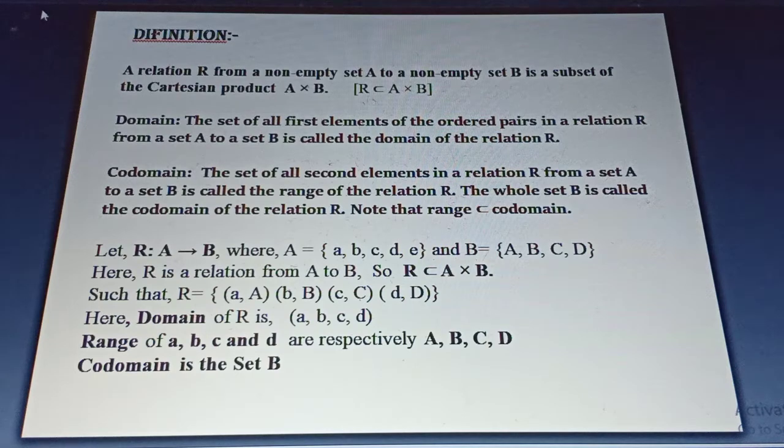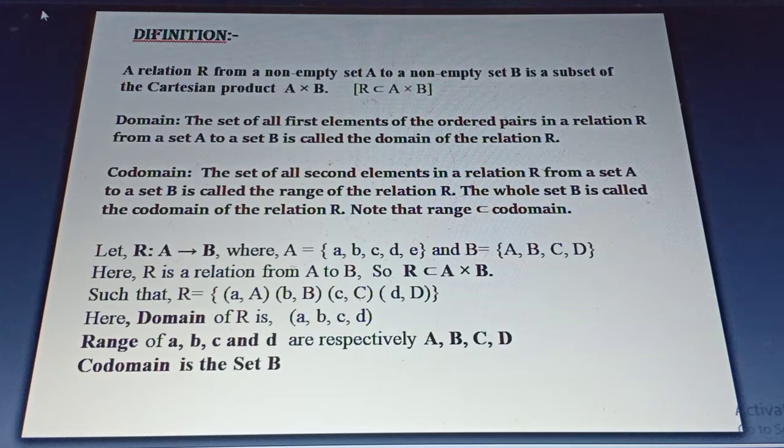Domain is the set of all first elements of the ordered pairs of the relation R. As I have told, relation R is a subset of A cross B. A cross B has each element as a pair of elements, one element from the set A and the other from the set B. Similarly, in relation R also we have pairs of elements, and the first element of the relation is known as the domain.